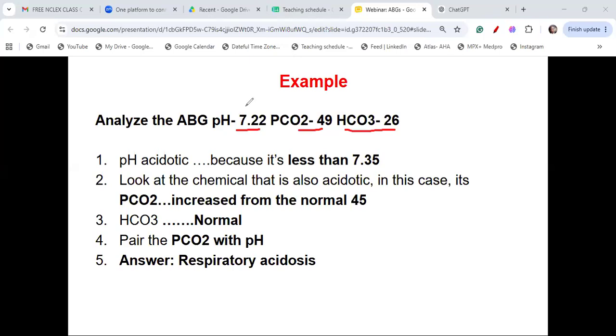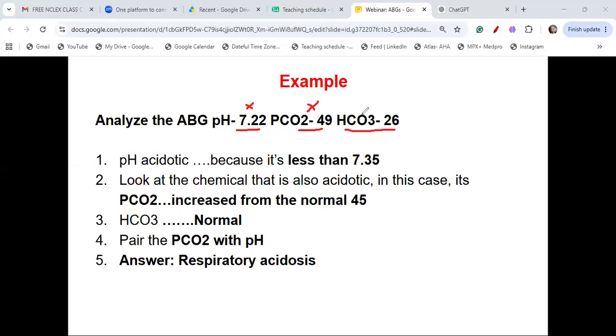Our pH is not within the normal range. What about our CO2? Is it within the normal range? Our CO2 equally is not within the normal range.